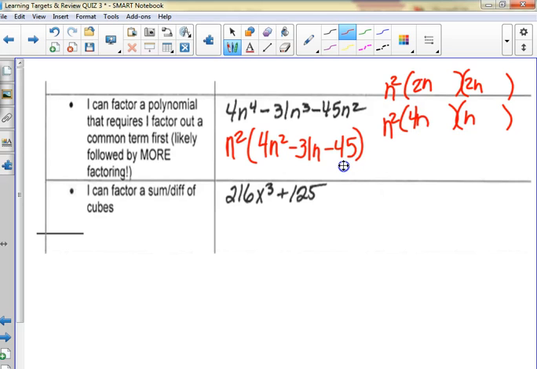Factors of 45. Where do you want to put what? 5 and 9, 9 and 5. So if we tried 9 and 5 here, we'd get 18 and 10, which aren't going to differ by 31.